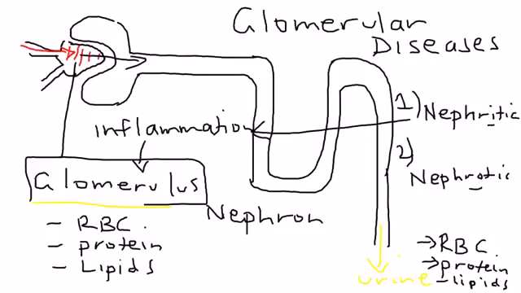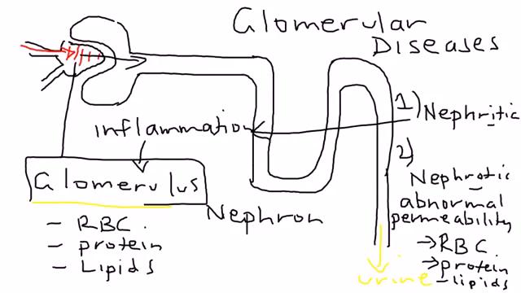The next type is nephrotic. Now, nephrotic is basically a situation where you have no real inflammation, but you have abnormal permeability of this glomerular membrane. So let me write that down: abnormal permeability.